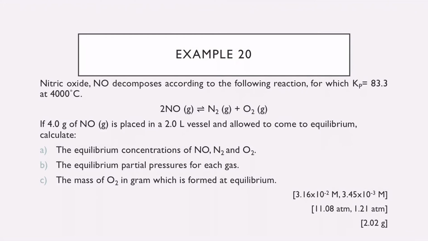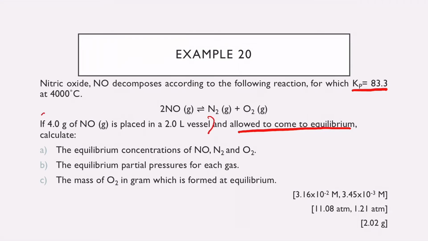For this question, nitrogen oxide decomposes according to the following reaction. So you are given Kp 83.3 and this is your reaction. And you have, if 4 grams of NO gas is placed in a 2.0 liter vessel and allowed to come to equilibrium.